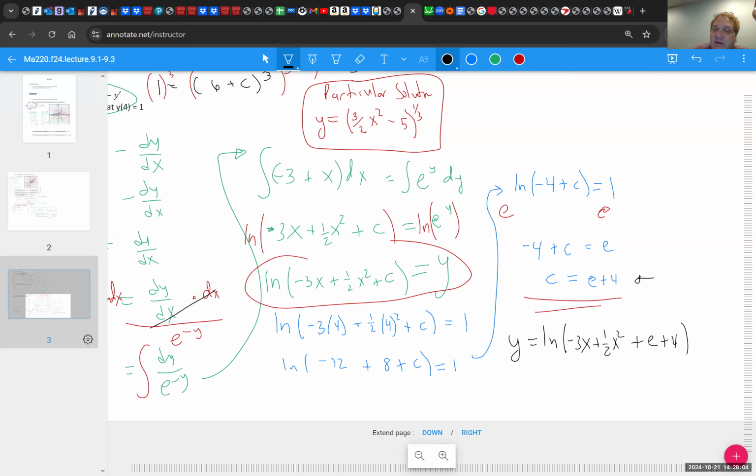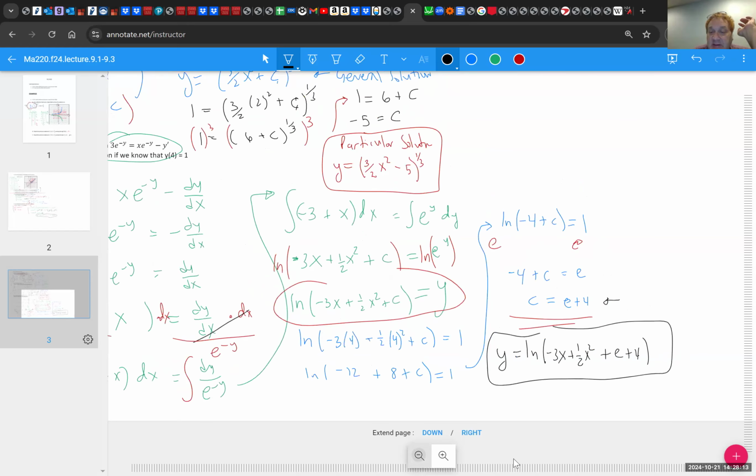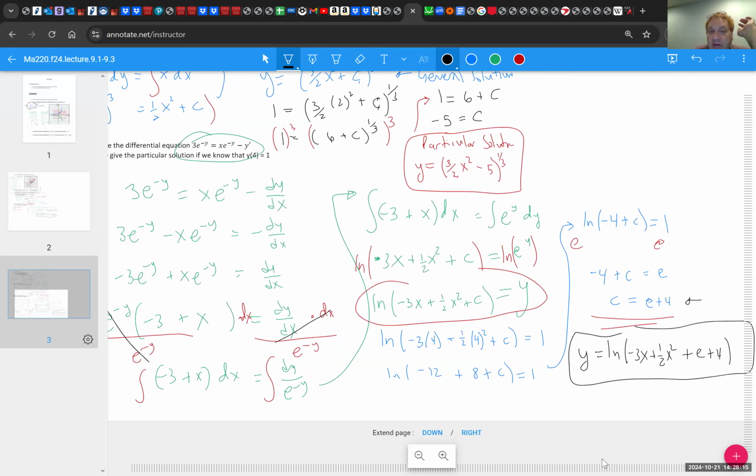And that, my friends, is your particular solution to the general solution of the differential equation, with the additional knowledge that it goes through the point y(4) equals 1.